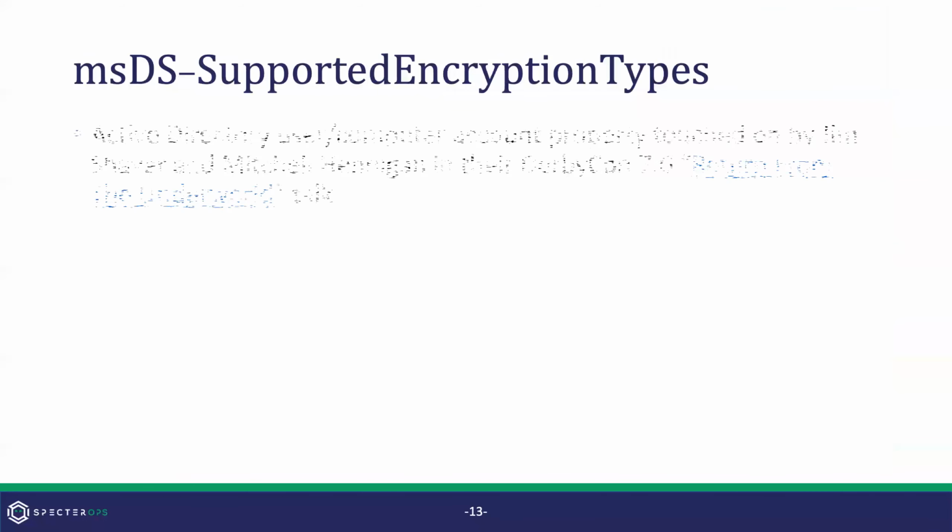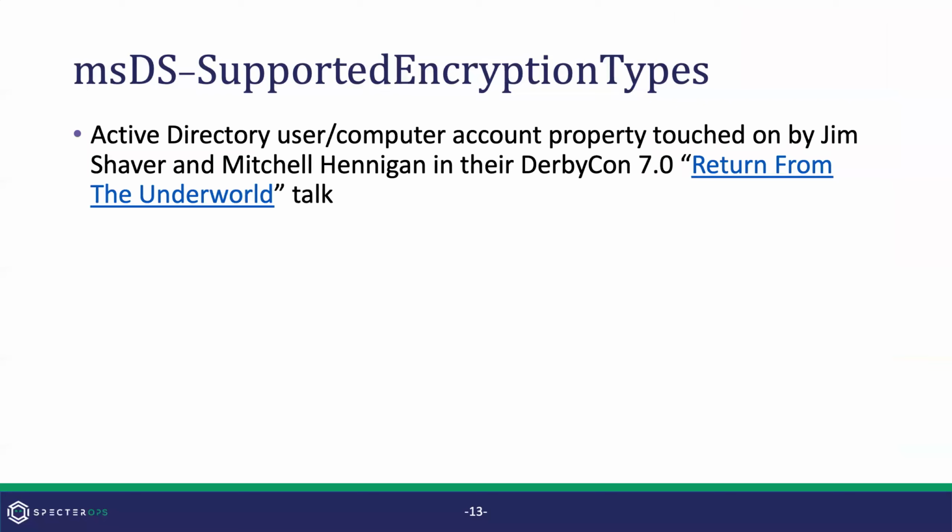It's all because of this property called msDS-SupportedEncryptionTypes. This is a user and computer account property. It was actually touched on by Jim Shaver and Mitchell Hennigan in the DerbyCon 7 talk, Return from the Underworld.